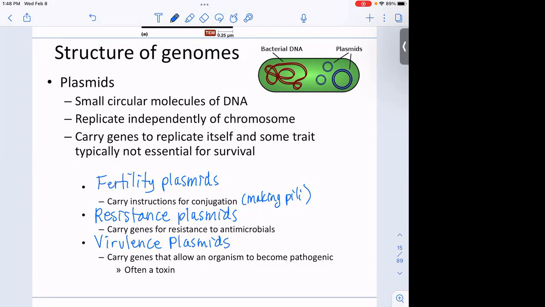But these are genes and proteins that would allow an organism to establish itself in a host. So it might be the ability to outwit our phagocytic cells. It might be the ability to make some kind of toxin that makes it successful to infect a host. So we'll talk more about those.